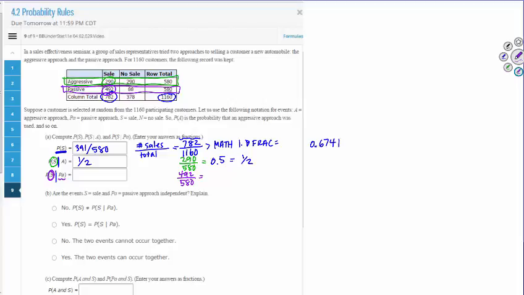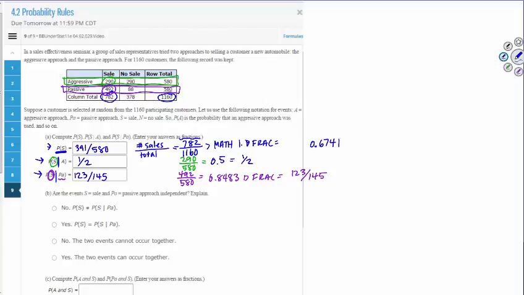So 492 divided by 580 is a decimal of 0.8483, and I turn that guy into a fraction with the math number 1, press enter. 123 out of 145. Those are basic probabilities. Probability of a sale in general, probability of a sale given that we use the aggressive approach, probability of a sale given that we use the passive approach.